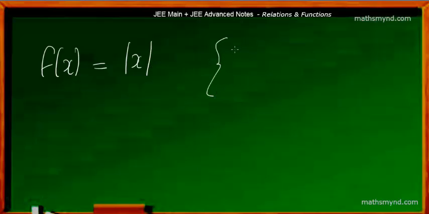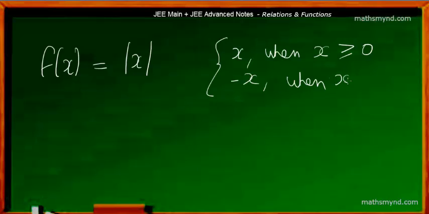So how do you represent it? The modulus function is represented as f of x, where the output is the modulus, or the absolute value, of the input x. It is x when x is greater than or equal to 0, and naturally it would be -x when x is less than 0.